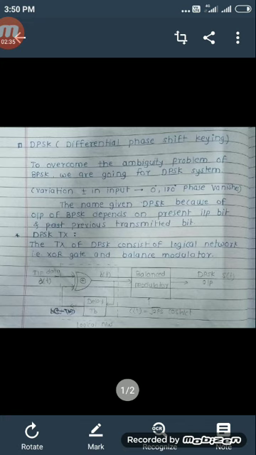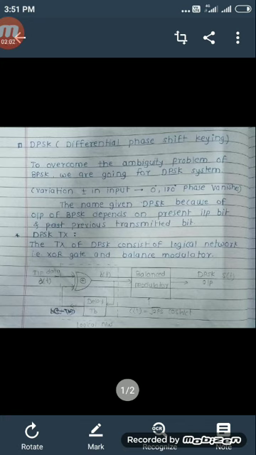According to this block diagram, two inputs are applied to the XOR gate. The first input applied to the XOR gate is the input data, that is D of t, and the second input applied to the XOR gate is the previous transmitted bit, that is B of t minus TB.